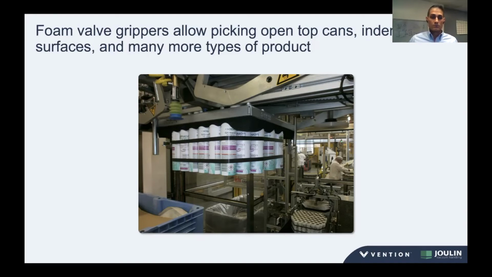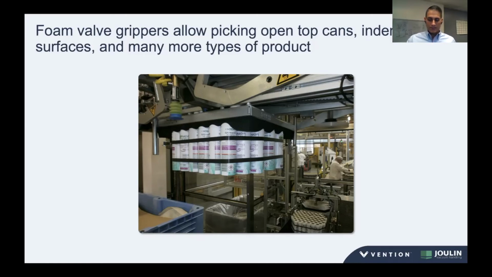If you were just using a port gripper, you'd have to overcome so much vacuum loss that it would be a ridiculous system for picking cans. That's why these foam valve grippers are such a great system for picking cans and tins.